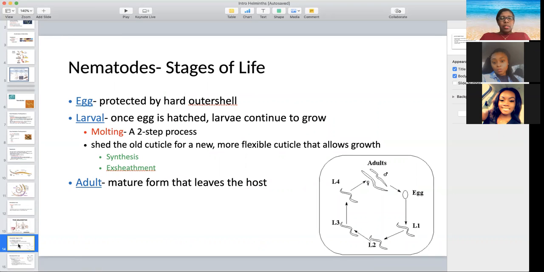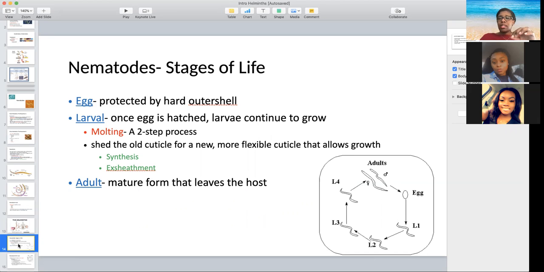Let's look at the life cycle of the nematode. There are three stages of development these helminths can exist in. In the egg phase, the organism is protected by a hard outer shell. The larval stage begins once the egg hatches and starts to develop into larvae. During this phase, a process known as molting takes place.